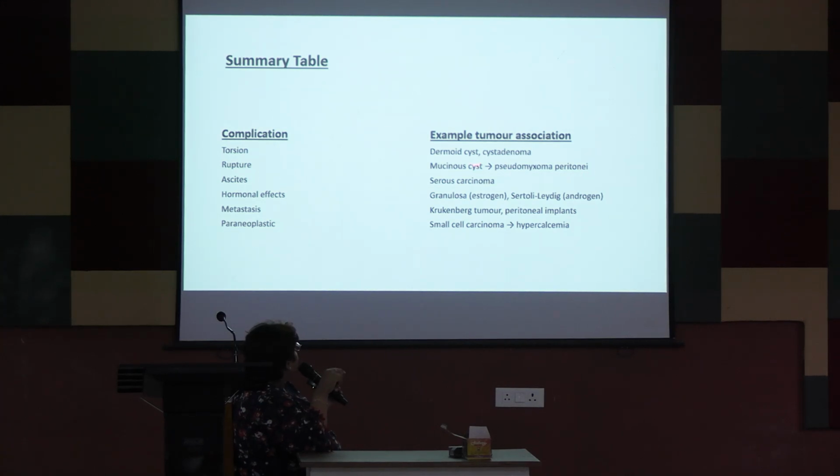Ascites is more common with serous carcinoma. Hormonal effects: granulosa cell tumor produces estrogen and Sertoli Leydig cell tumor produces androgen. Metastasis: Krukenberg's tumor or peritoneal implants. Paraneoplastic syndrome is most common with small cell carcinoma which causes hypercalcemia.